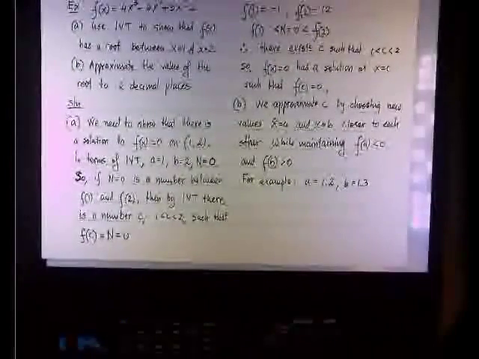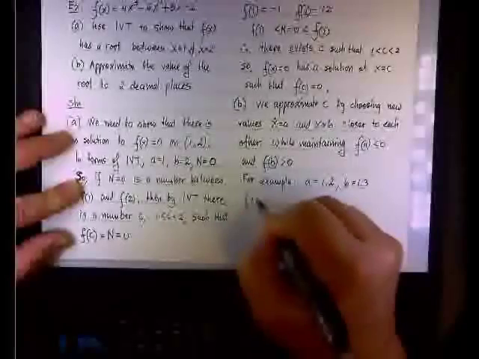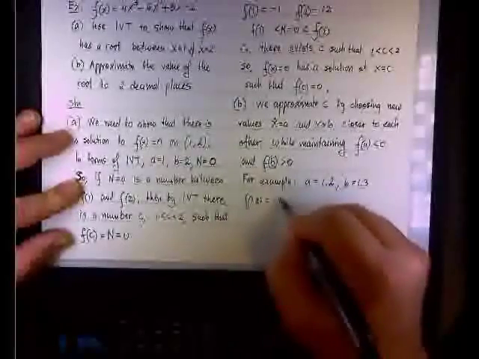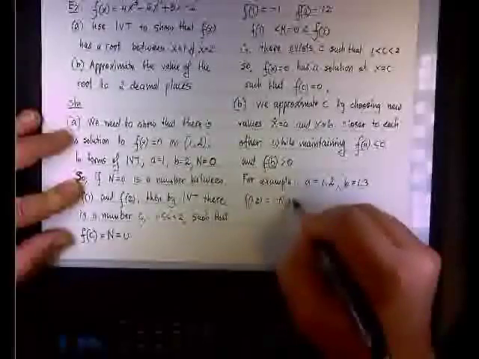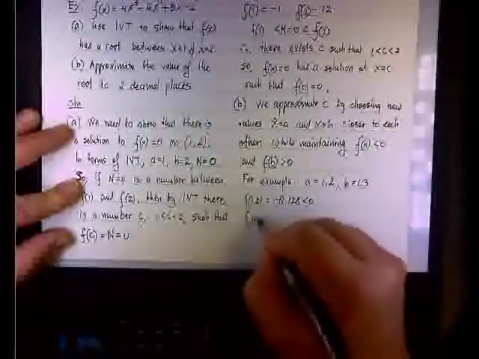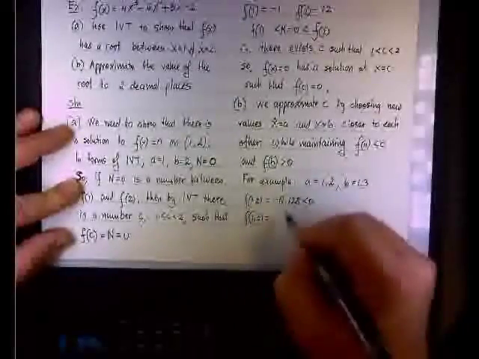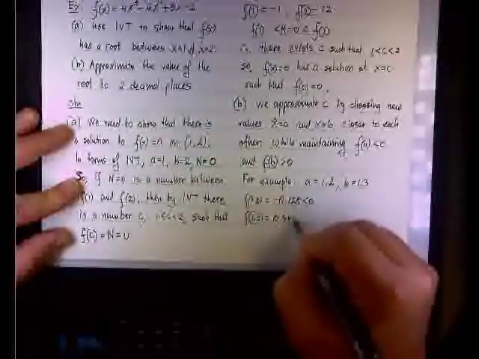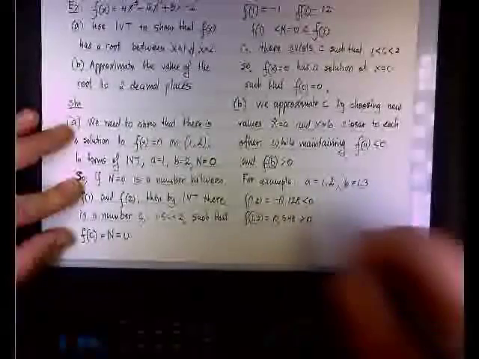Okay, turns out that f of 1.2 is still negative, which, if you calculate it in a calculator, will be negative 0.28, right? So it's negative, and f of 1.3 equals positive 0.548, and you can try it on your own.